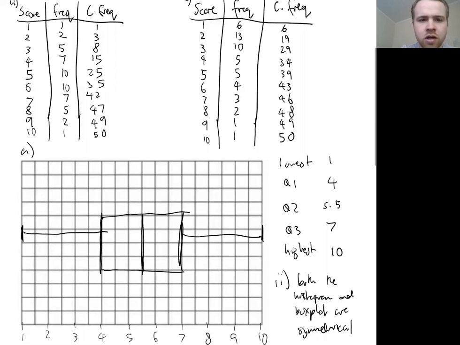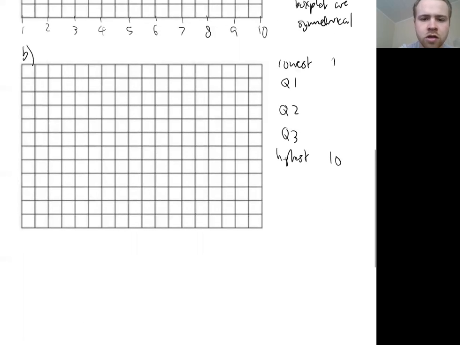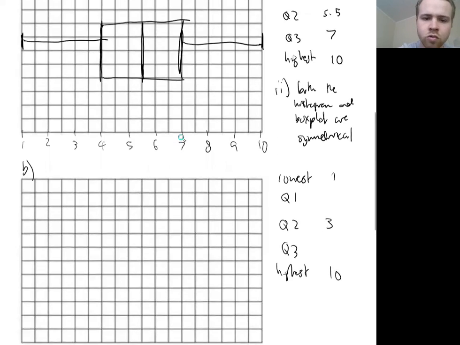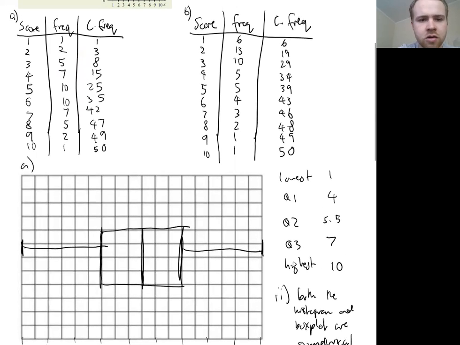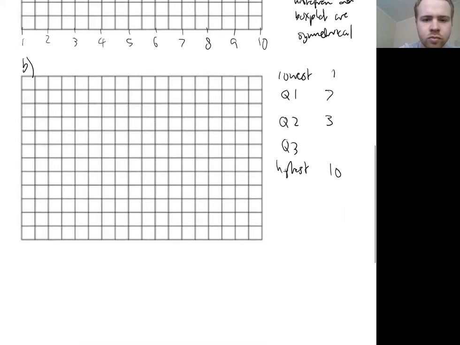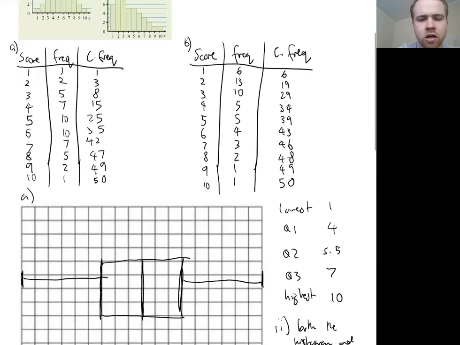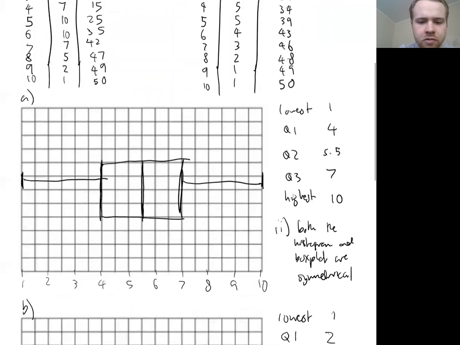Both of those are going to be 3, so the Q2 is going to be 3. For Q1, we're looking at the 13th score. The 13th score is going to be under 19, so that's going to be 2. And then for Q3, sorry, you're looking at the 38th score if we've got 50 points, which is going to be 5.